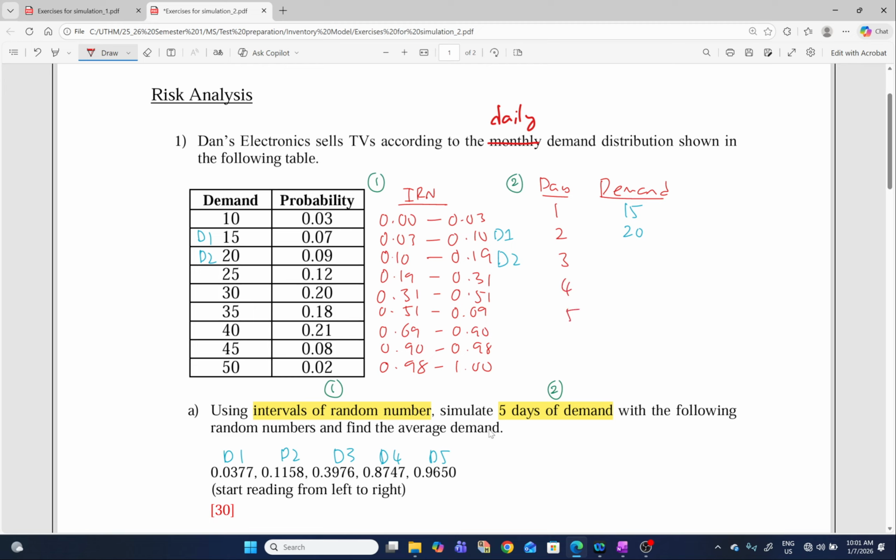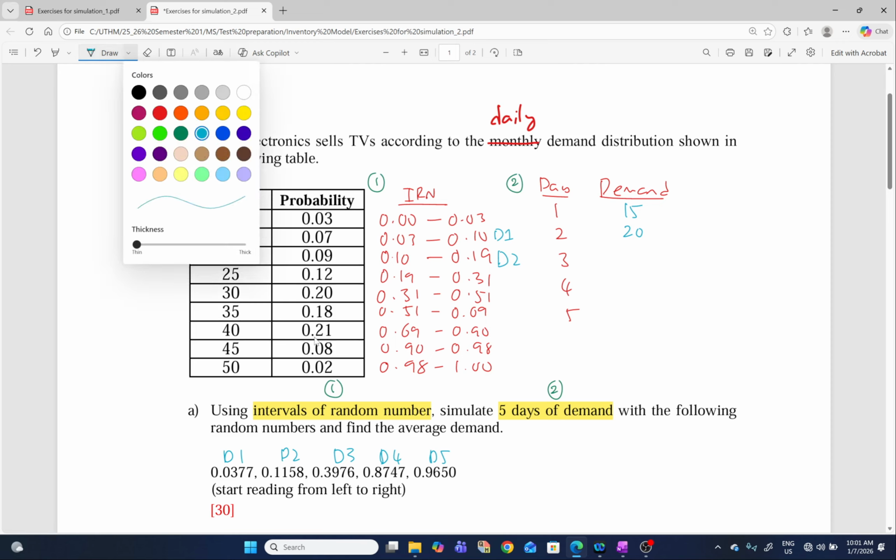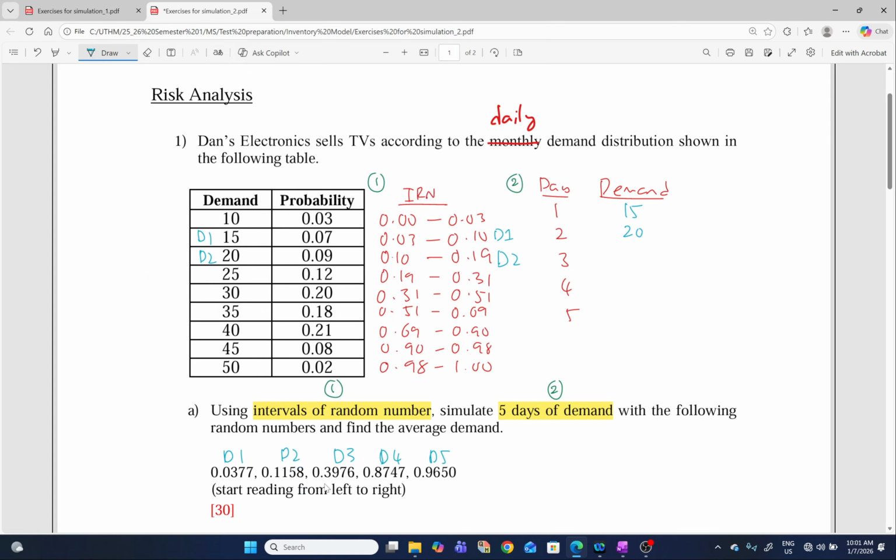Like that you have to do one by one. Then day 3, 0.397, I think here. Day 3. This is 30.